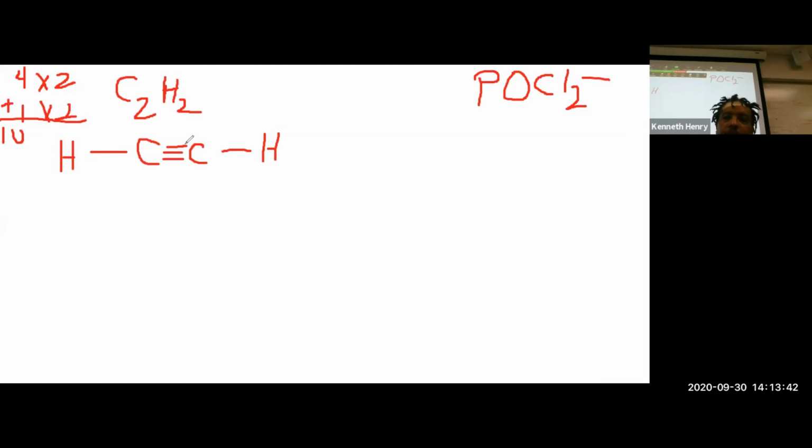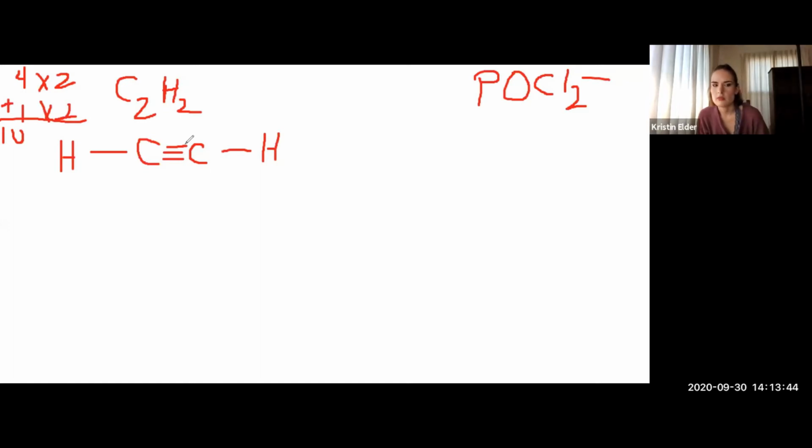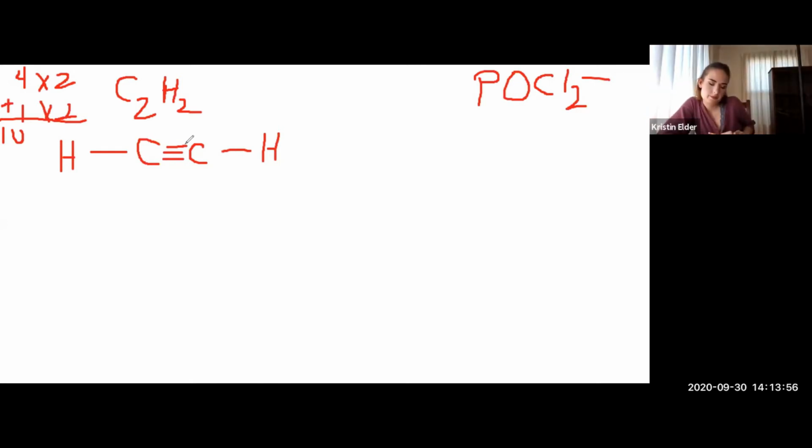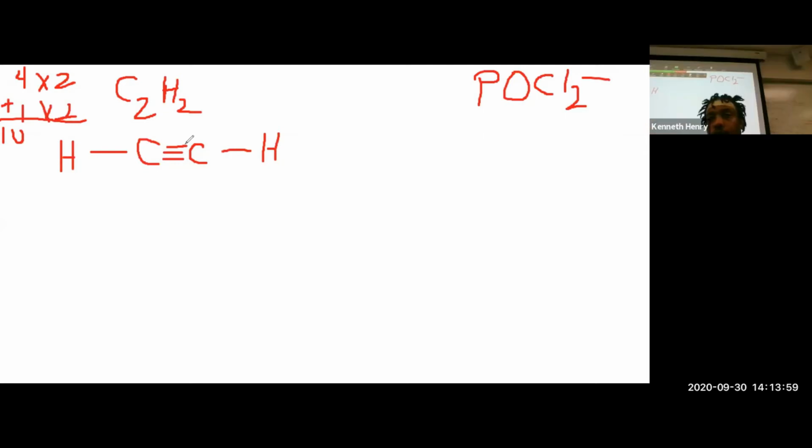It would still mean the same thing. It wouldn't be wrong if you put those lone pairs, but it just looks cleaner this way. You also want to get in a habit of using the line. The line starts to mean something, and this is also getting you ready for organic chemistry, which we're going to touch on in our very next section with chapter 13. We're going to dabble in organic chemistry.